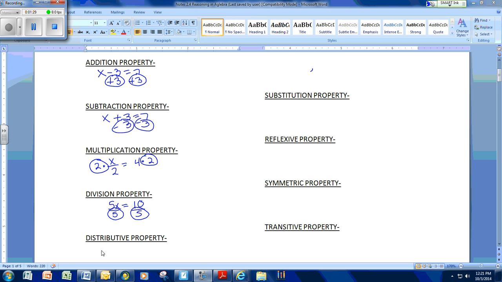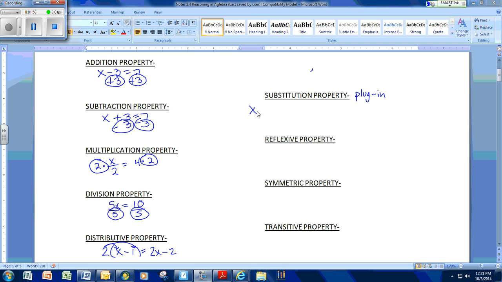Next thing we have is the distributive property. Anytime you have a number or variable outside of parentheses, for instance, if we had 2 times the quantity x minus 1 and we multiplied the 2 into the parentheses, that is the distributive property at work. So that gives us 2x minus 2. Next we have the substitution property. It is anytime you can plug in a number for a variable or vice versa.